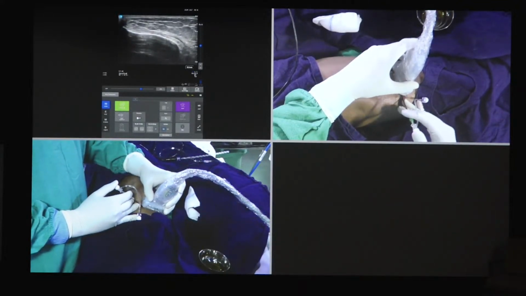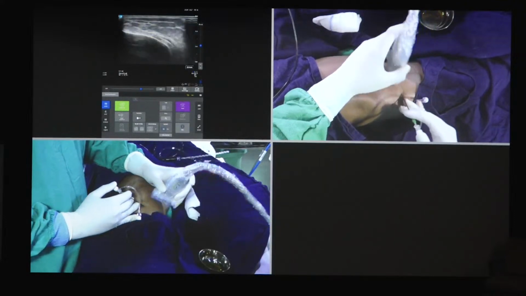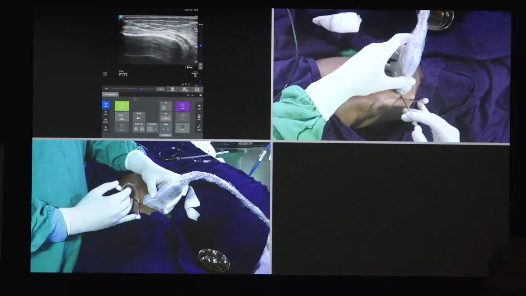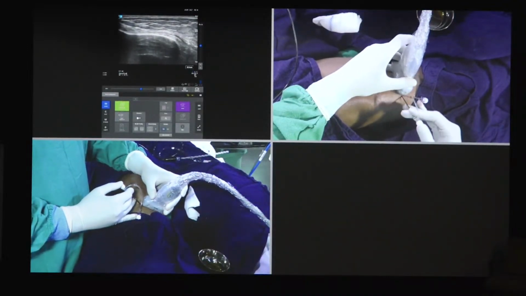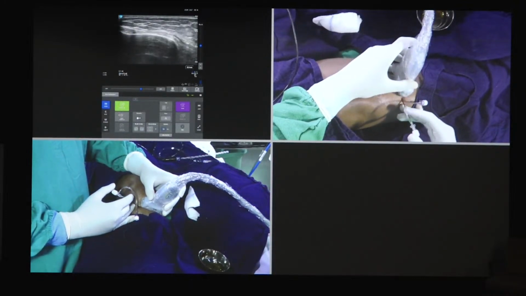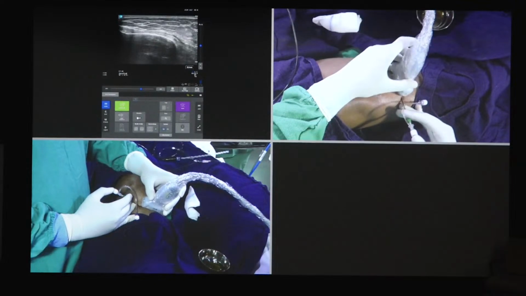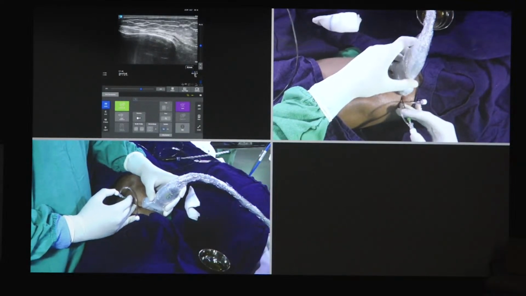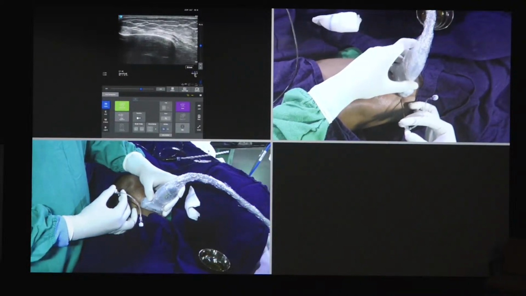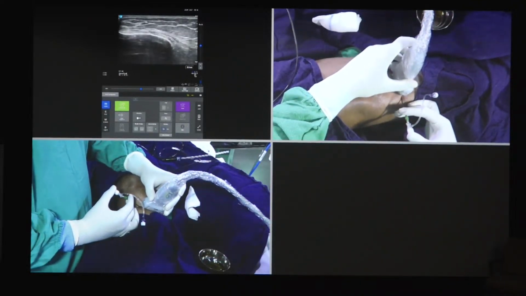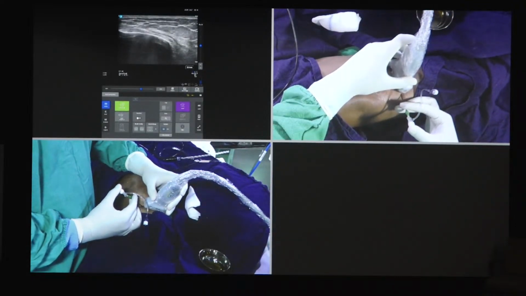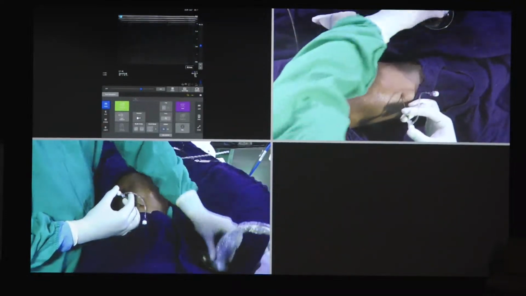So I'm inserting the RF needle. So that is my RF needle, and again my target is at the midpoint of the shaft of the tibia. Again, inferior-medial genicular nerve is very superficial, so you have to be careful about the skin burns.